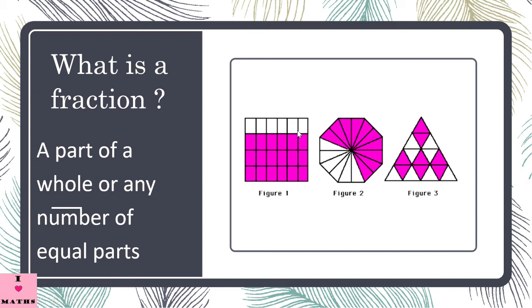So 6 fours are 24 parts. This figure has been divided into 24 equal parts. And the individual parts in this figure are called a fraction of the figure.